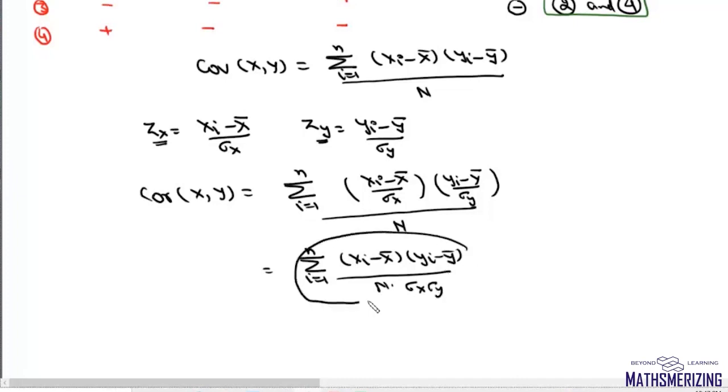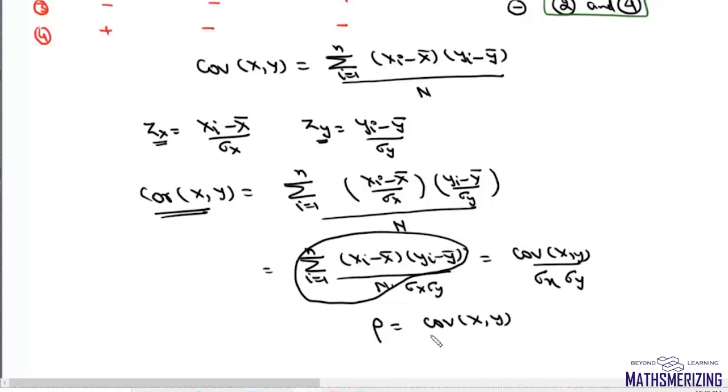Now this is nothing but the covariance of xy. So we can write this as covariance of xy upon sigma x sigma y, and we write this correlation coefficient as rho. So this rho will be covariance of xy upon sigma x sigma y.